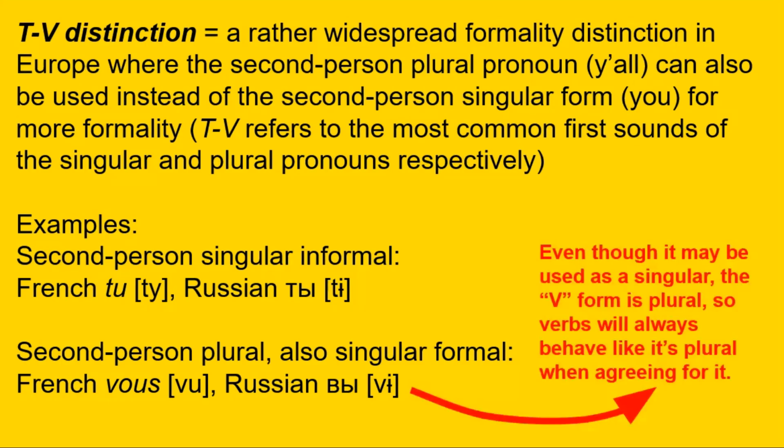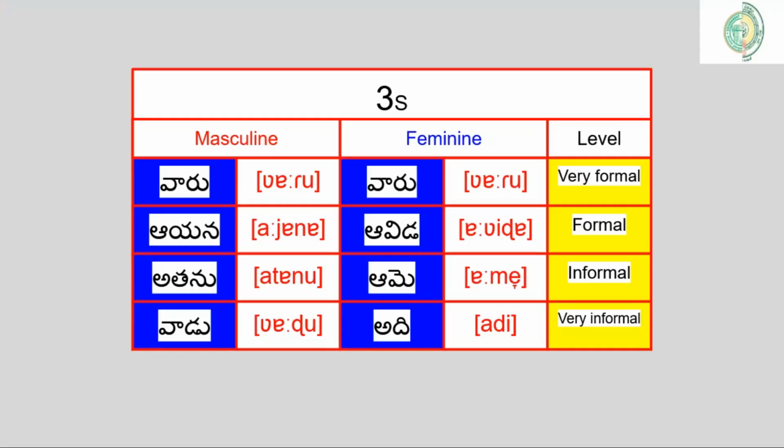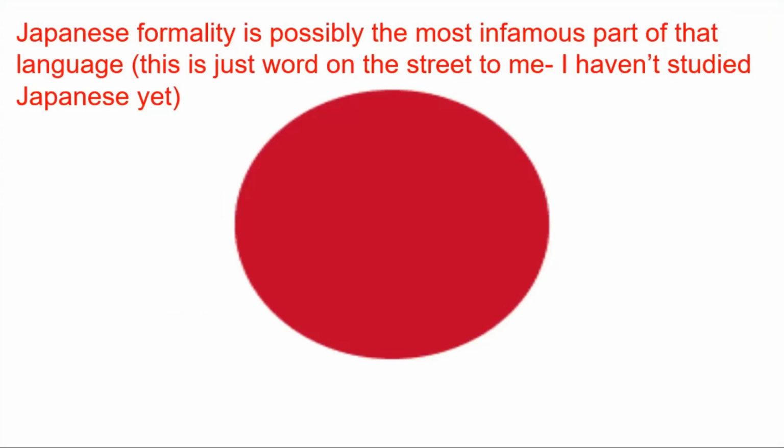Also, be aware that formal pronouns, if they come from another pronoun like this, may be treated as a different person or number than they represent when verbs are conjugated for them. There can also be more levels of formality, like Telugu's four-tier system. Also, I don't speak Japanese, but I understand that language is infamous for its formality system.